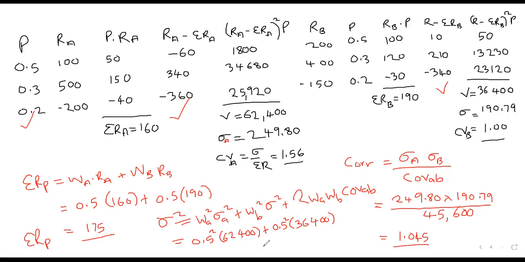Then plus 2 times 0.5 times 0.5. Remember, the 0.5 is coming from the fact that we are told that the investment was 50-50. If it's 30-70, you follow that order. Are we together? Yes. Okay.